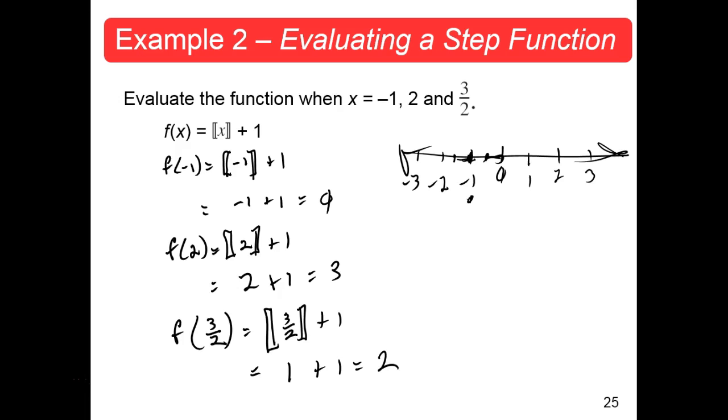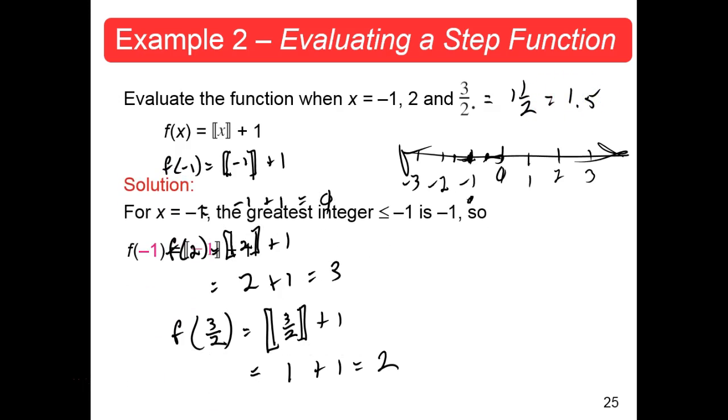Now, let me give you a little hint. I hope that'll make this make sort of sense as long as you apply it correctly. If you wrote that 3/2 as a mixed number, what would it be? 1 1/2. If you wrote it as a decimal, what would it be? 1.5.